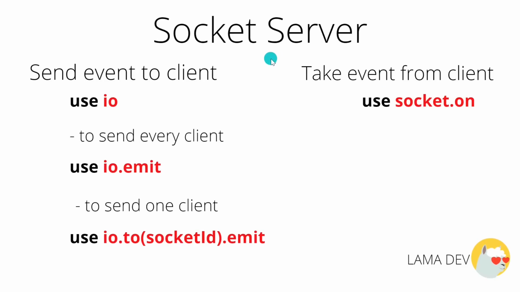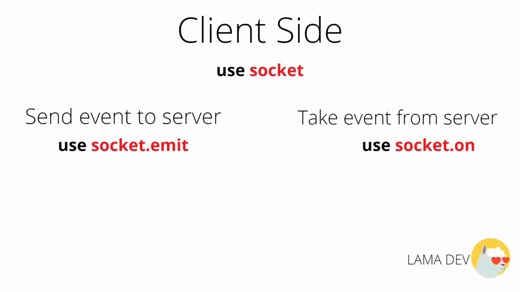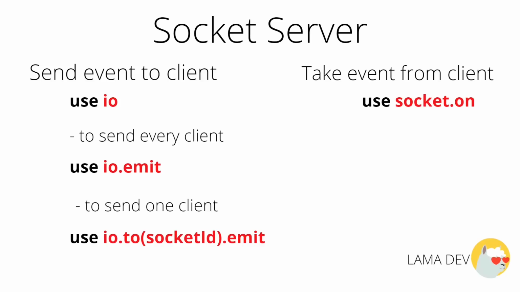For example, inside our socket server, by the way, if you watched my Messenger tutorial, you have already seen this slide. I've explained it before, but I'm going to explain again. We are going to have basically two servers, socket server and client side, which is our React app. In the socket server, if we want to send any event to the client, we are going to use the io key. This function allows us to send any event to the client side.